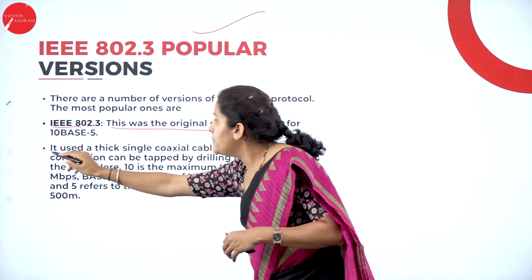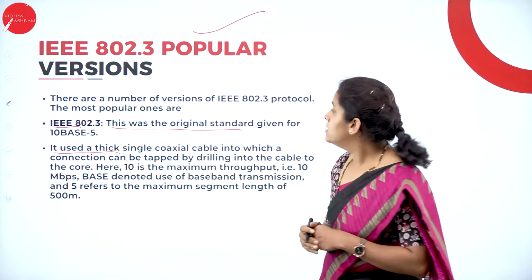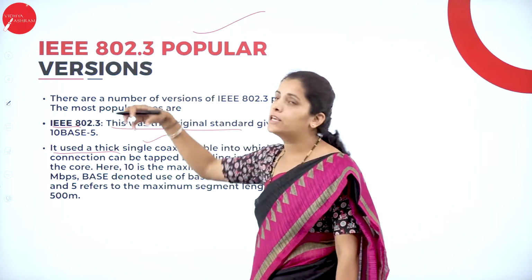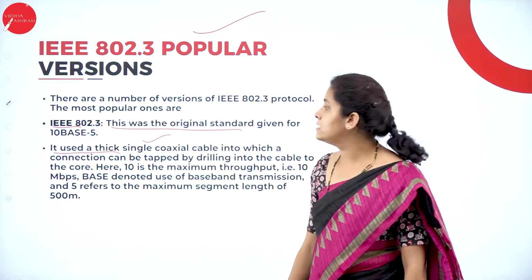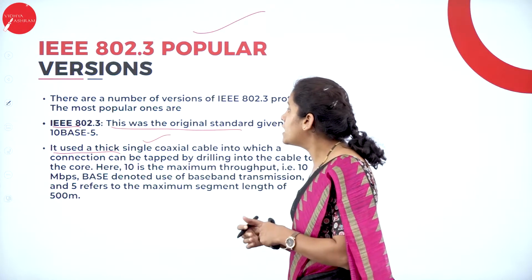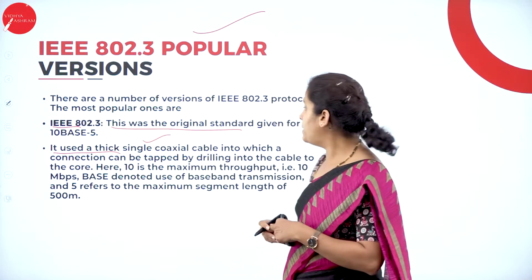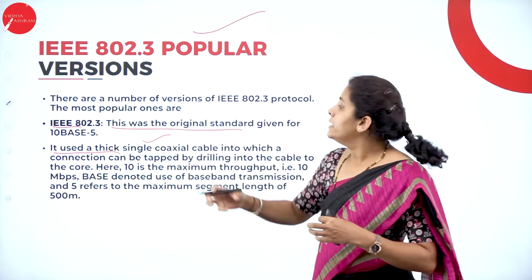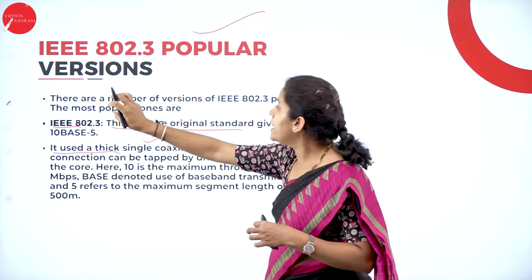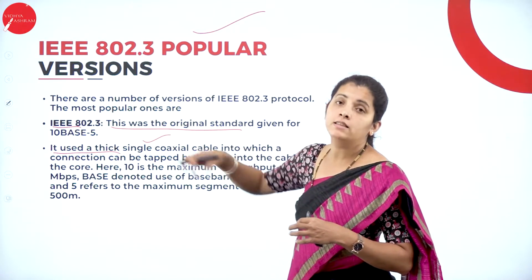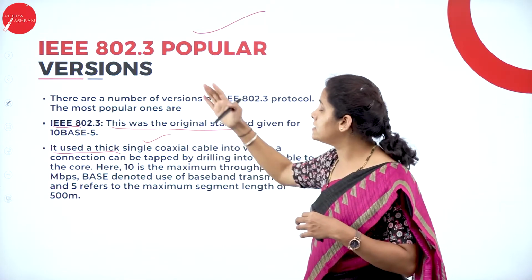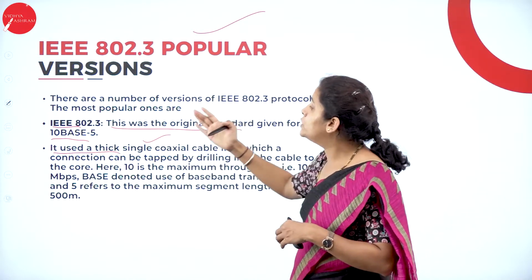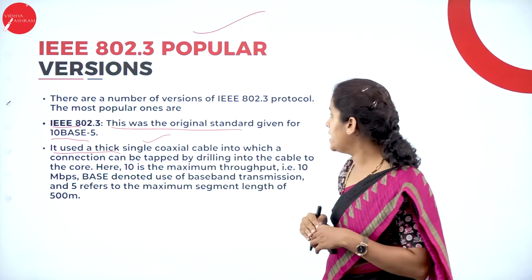It makes use of thick coaxial cable into which connections can be tapped by drilling into the cable to the core. So, in IEEE 802.3, the original IEEE standard is 10 base 5 and it uses thick coaxial cable.